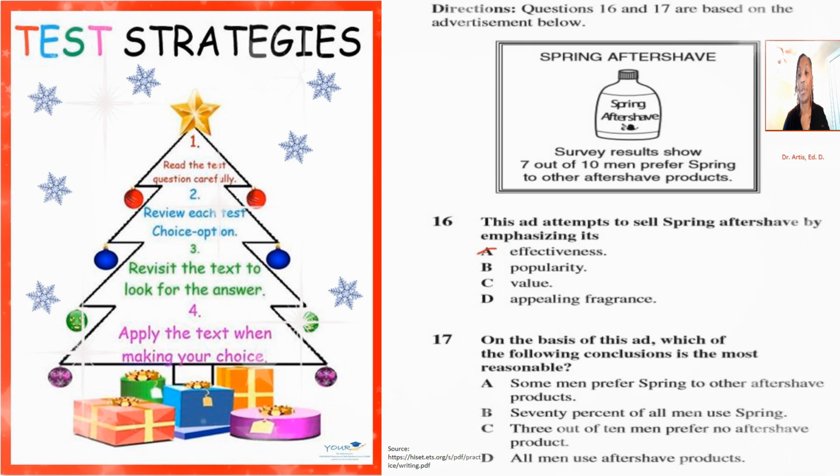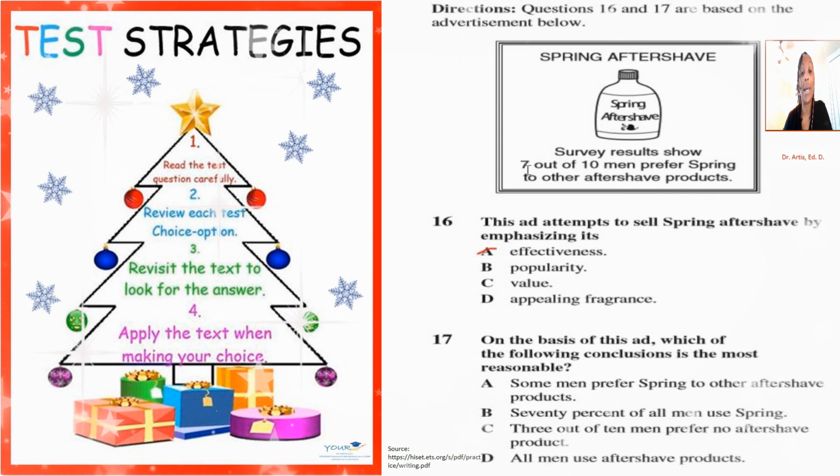Now let's look at option B. Option B is popularity. When we discuss popularity, we're talking about something that is more liked or more favored. The survey that was conducted is looking at men's preference of Spring aftershave over the other aftershave products.